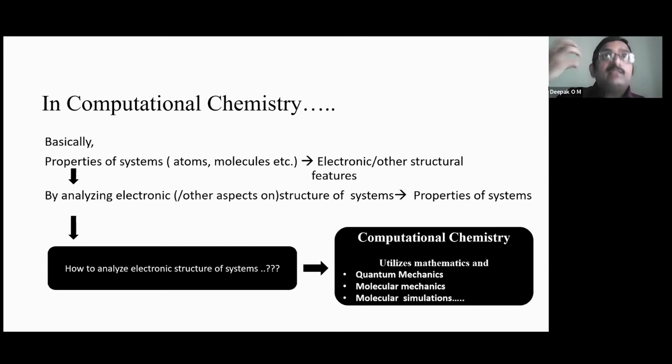So we'll be analyzing properties of a system. For example, we will say the water molecule has this much dipole moment. The net dipole moment is this much. So what is that property? Dipole moment is a property of that particular molecule, isn't it? And that actually talks about the solvent behavior of that particular water system.